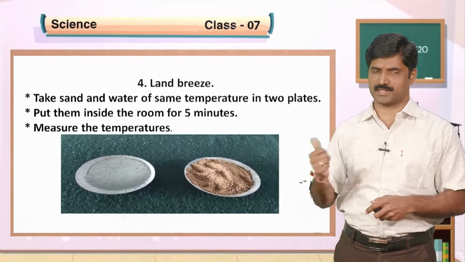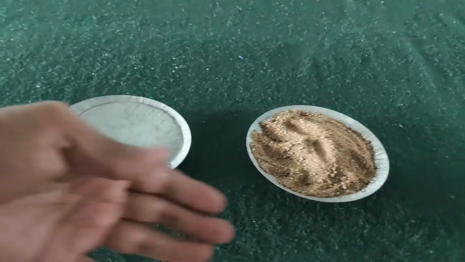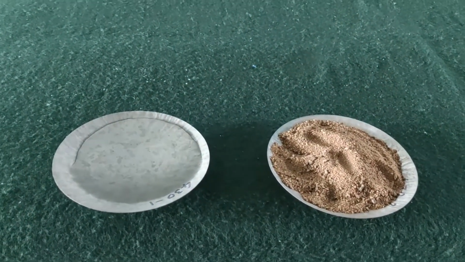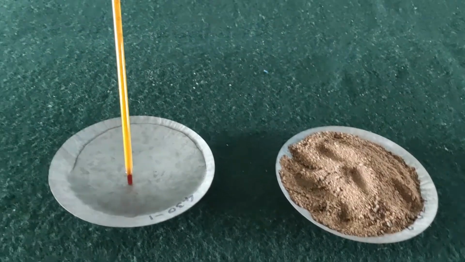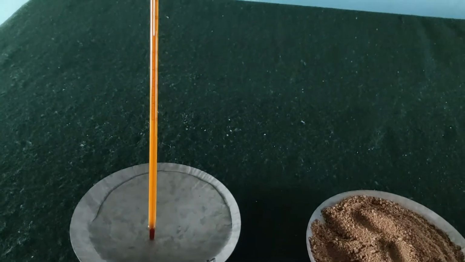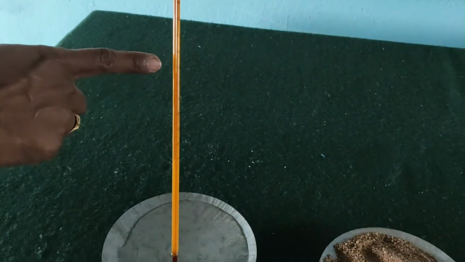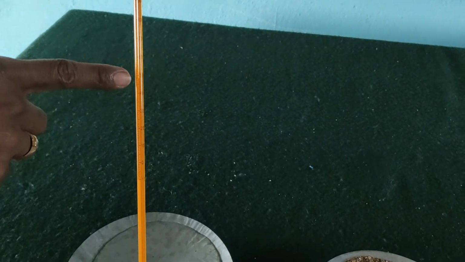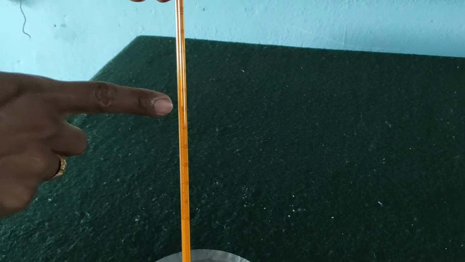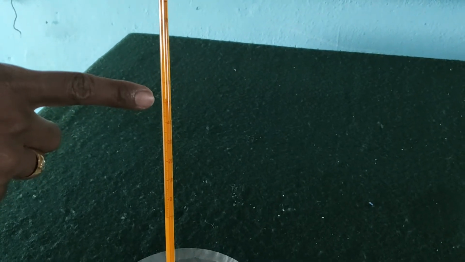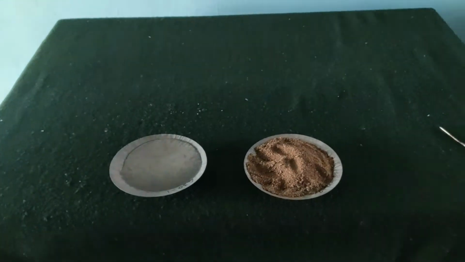Let us watch the activity. I have taken hot water and hot sand. They are about 50 degrees Celsius. Let us check this one. You can see the spirit level is rising. 52 degrees Celsius. Let us check the temperature of this sand.